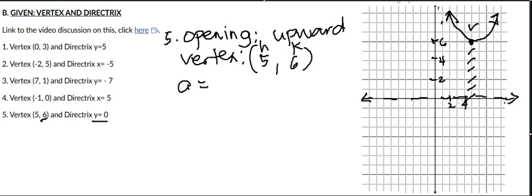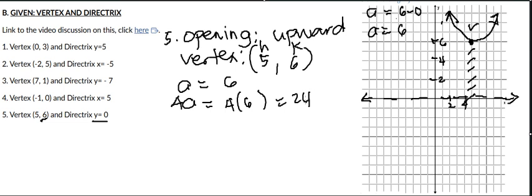You can check it by simply subtracting our y values: 6 minus 0 is equal to 6. Our 4a here is 4 times 6, that will be 24.